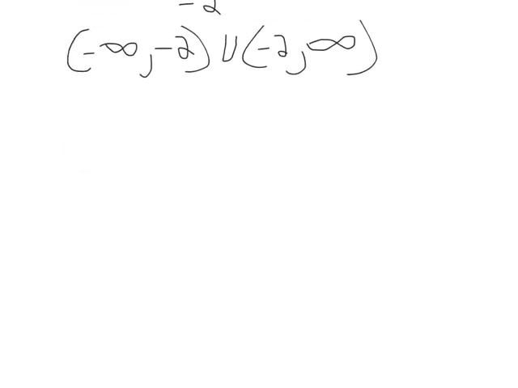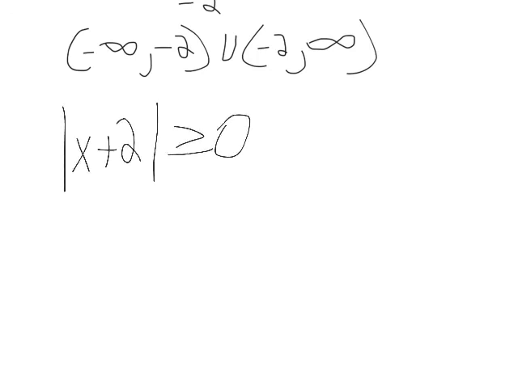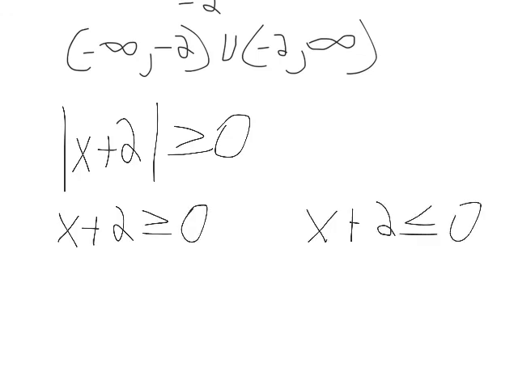Let's set it up just so you can see it. Okay. If we were to solve this one like we did the last one, again, you would see the two sides, okay? X is greater than or equal to negative 2.